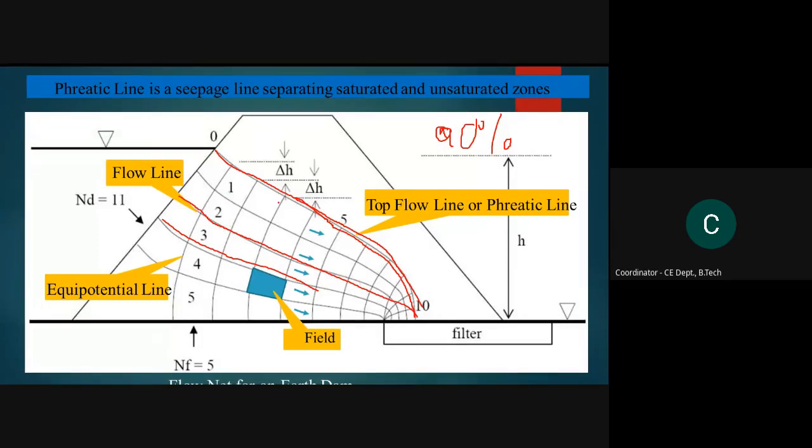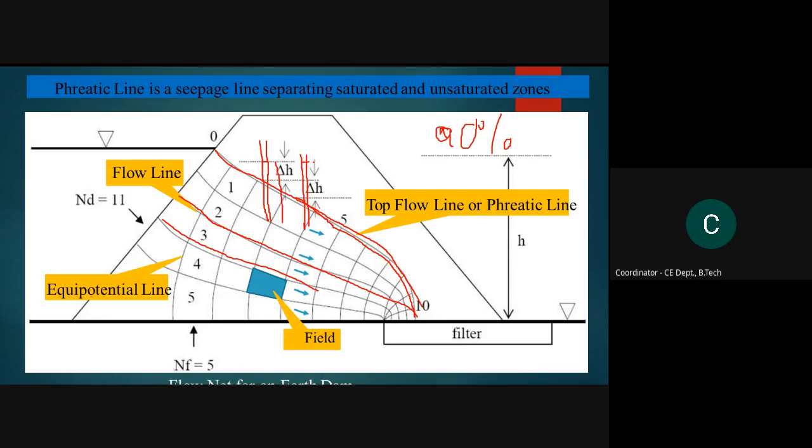And this is the equipotential line. An equipotential line is a line such that if you put a piezometer over each equipotential line, the water head will be the same or equal.